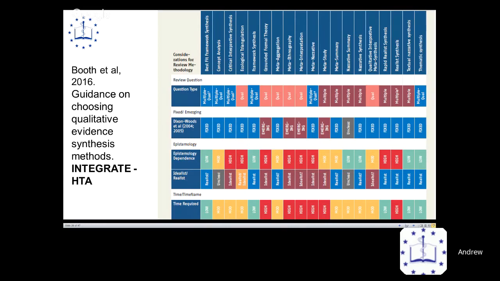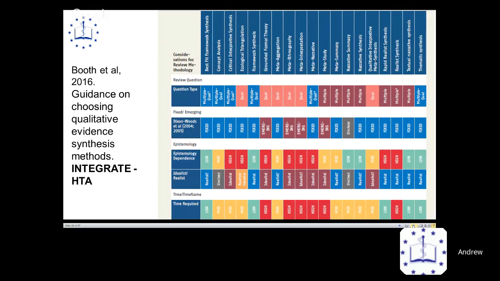Does it have a fixed question, an equivalent of a PICO, or does the question emerge as you do the review? Another factor is the time required. I've tried to distinguish those that take a lot of time, indicated in red, and those that are relatively shorter in time, indicated in green, and then we have the middle category.